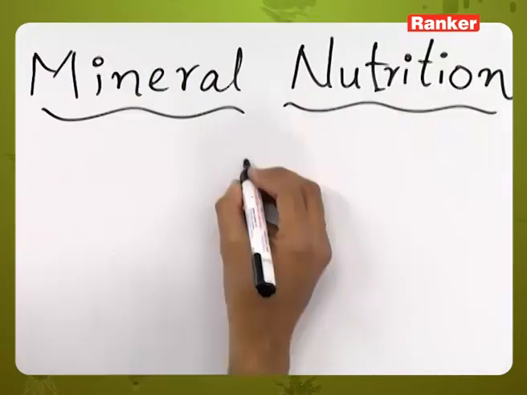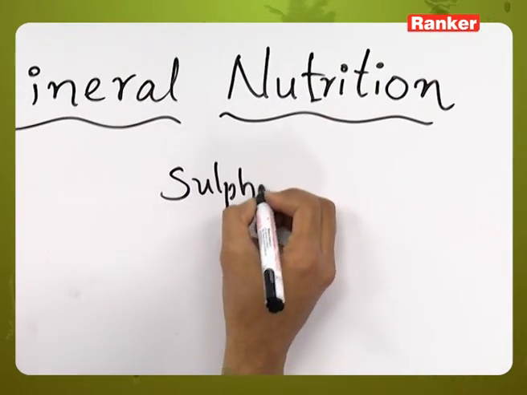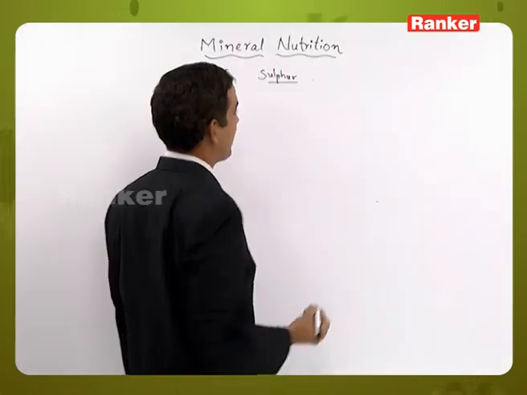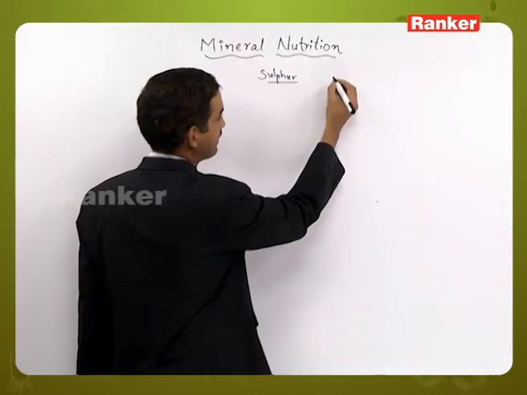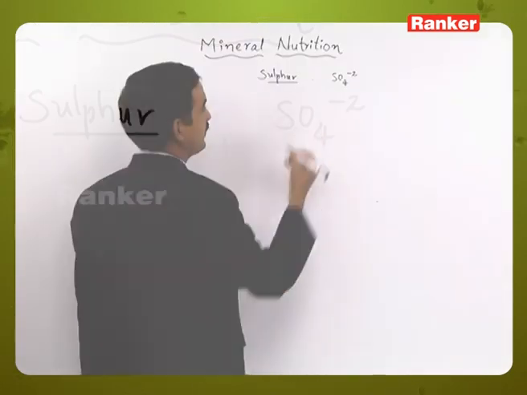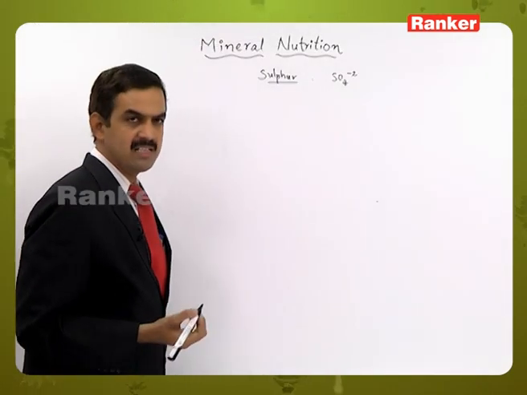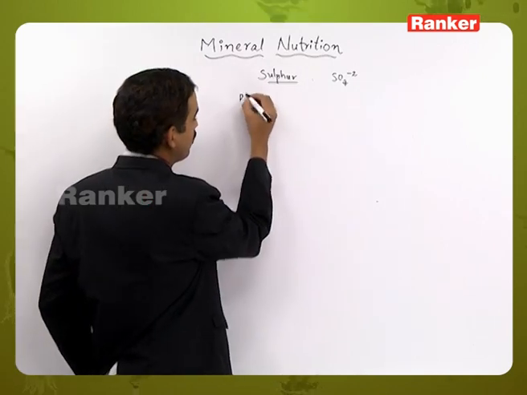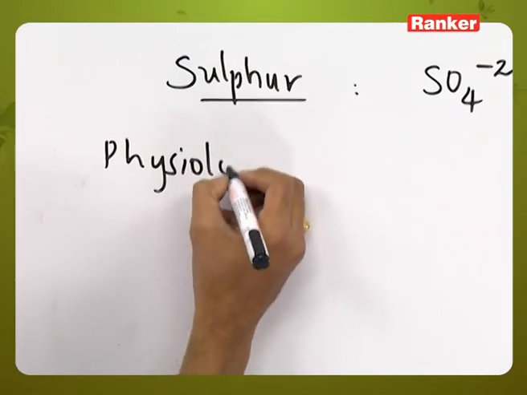Next element is sulfur. Sulfur is absorbed by the plants in anionic form, that is SO4 minus 2. Here the sulfur has many physiological roles.